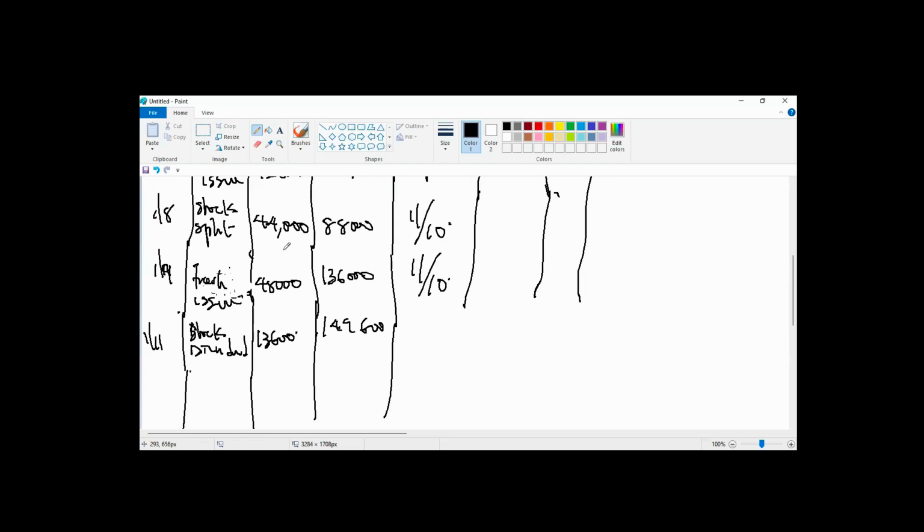Now, 1st December, 24,000 shares, fresh issue. 24 plus 149,600 gives 173,600.